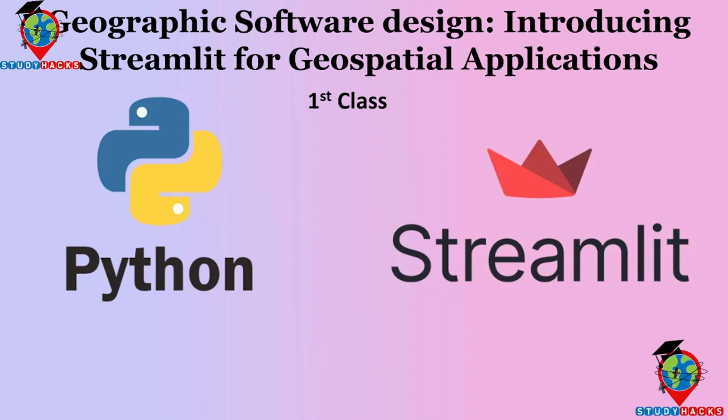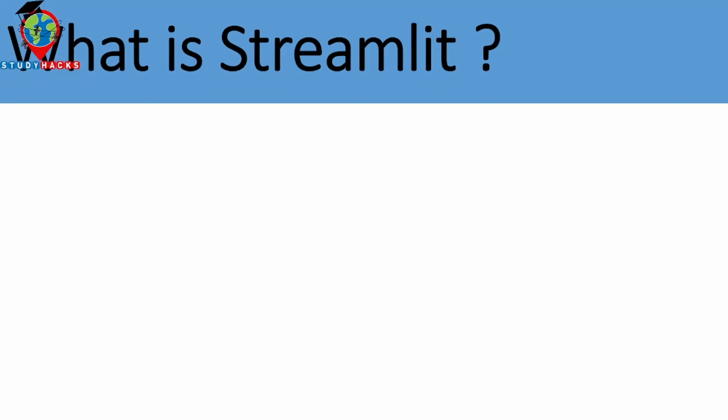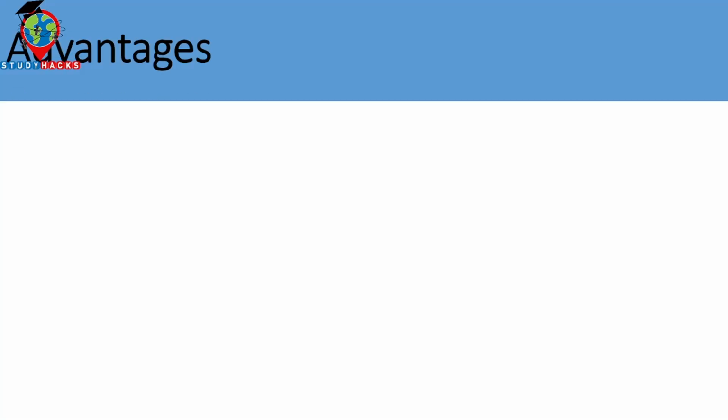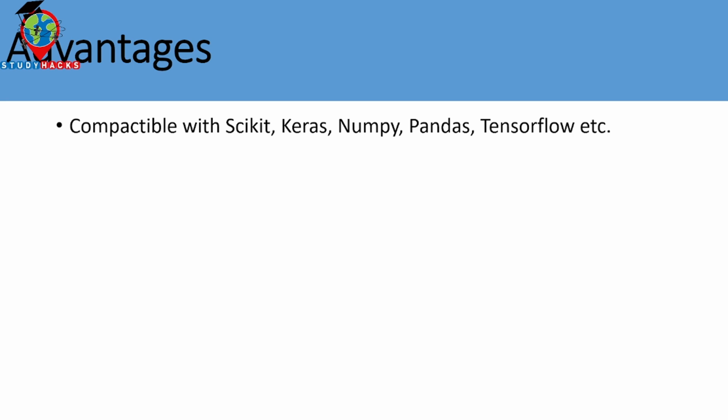And today I will try to discuss Streamlit. It's a very popular Python framework, and using Streamlit, we can easily develop different types of web applications, especially for data science, machine learning, artificial intelligence, and deep learning, in a very short time. Streamlit has a lot of benefits because it's compatible with Scikit, Keras, NumPy, Pandas, TensorFlow, and a lot of other Python libraries.